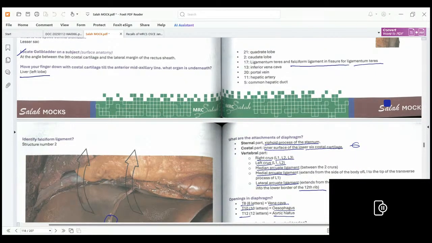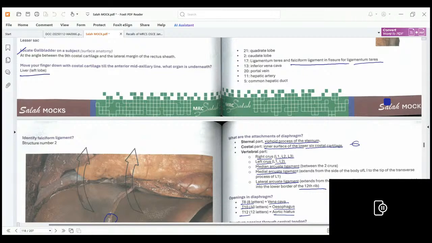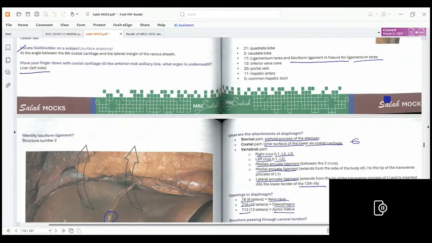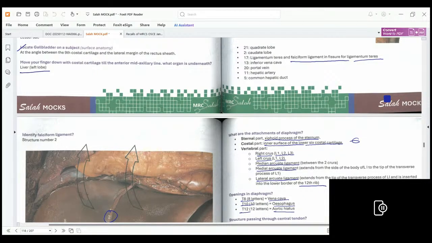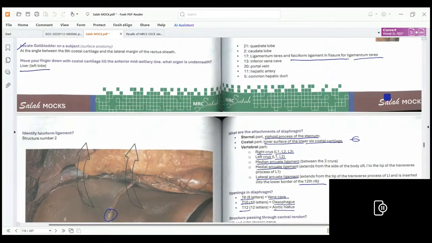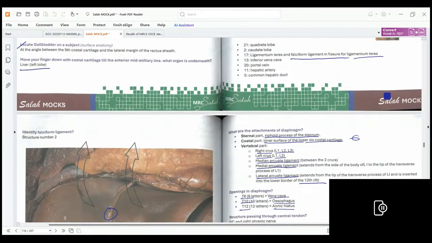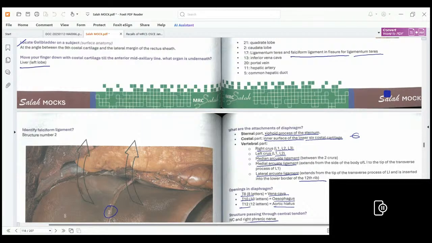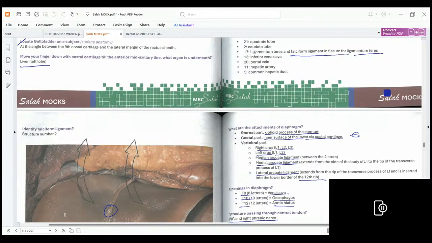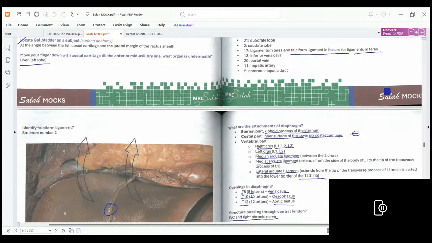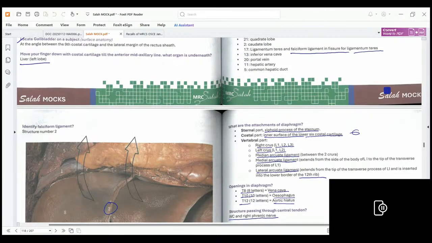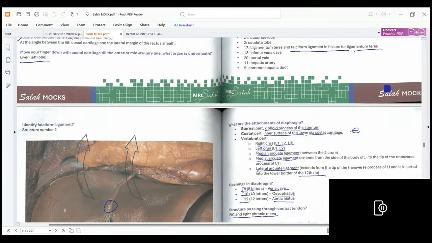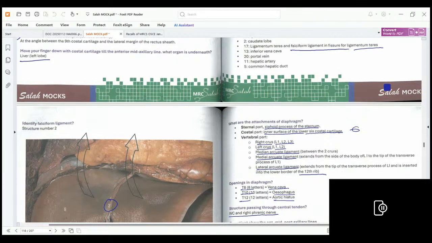Vertebral part: right crus L1 to L3, left crus L1 and L2, then median arcuate ligament between the two crura, medial arcuate ligament, and lateral arcuate ligament, to the tip of the transverse process of L1.